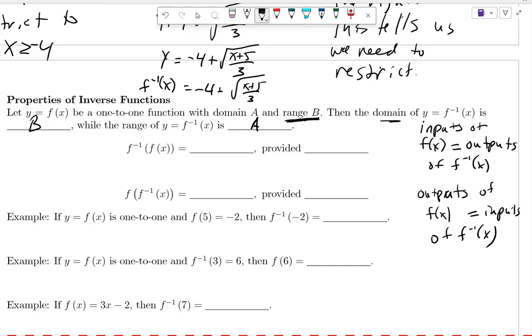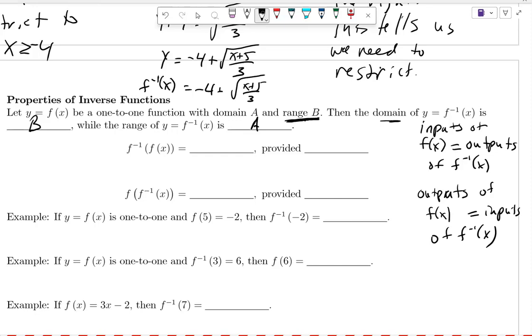And again, the other important part of inverses, or the real important part maybe is a better way to say it, inverses and original functions have to undo each other. Meaning when you compose them, you get back to where you started.